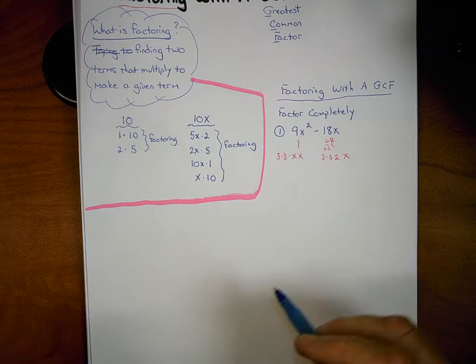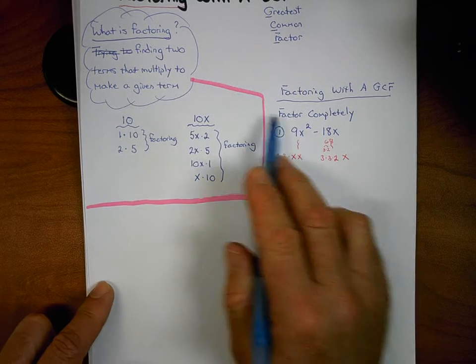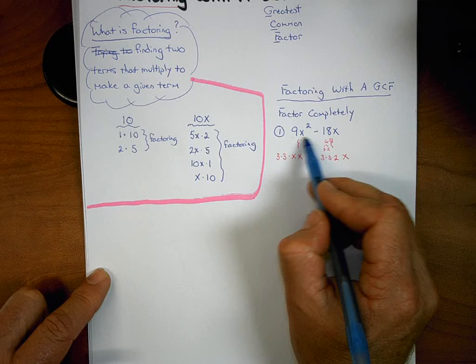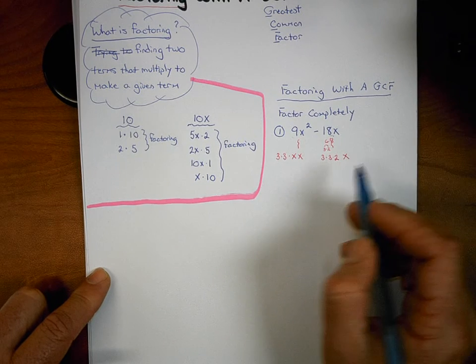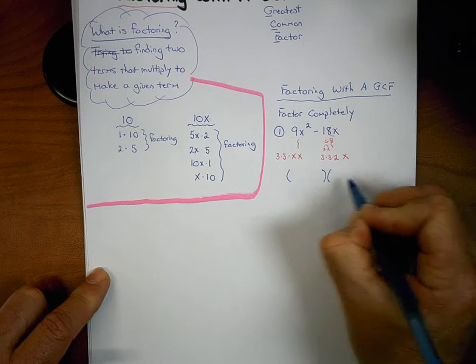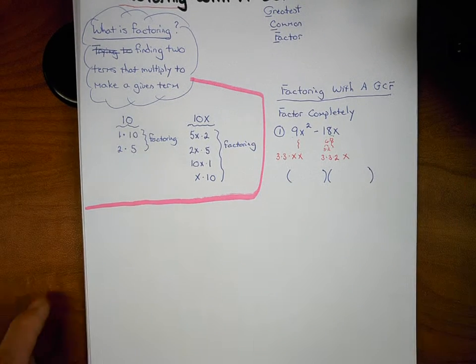So remember, what does the word factor mean? I'm going to factor this. It means find two terms that multiply to make the given term. This is my given term, and I'm going to factor it. So I am going to find two terms, and what you do is you just draw 2 parentheses. Those are going to represent your 2 terms.